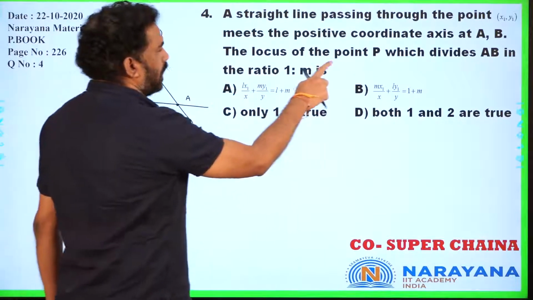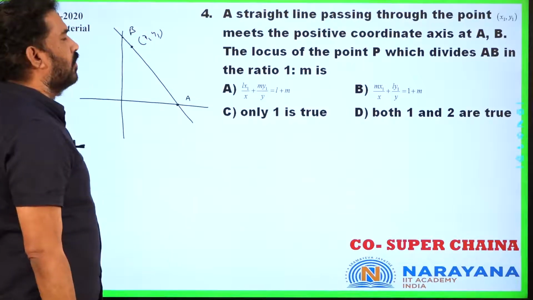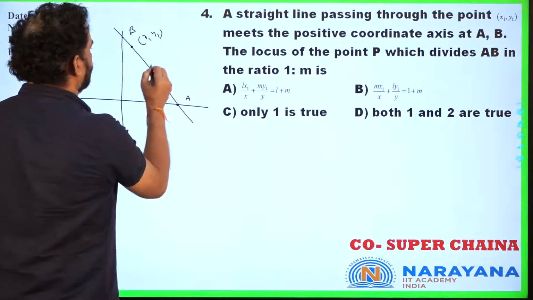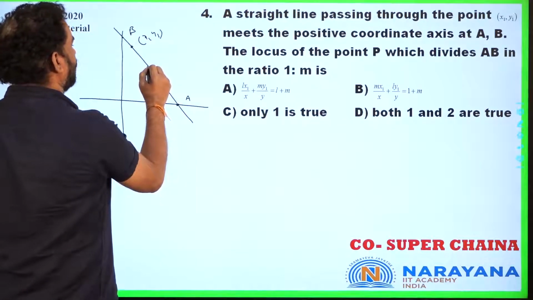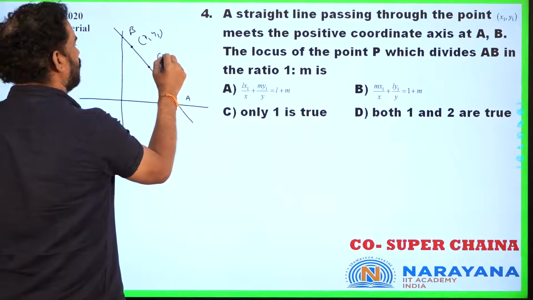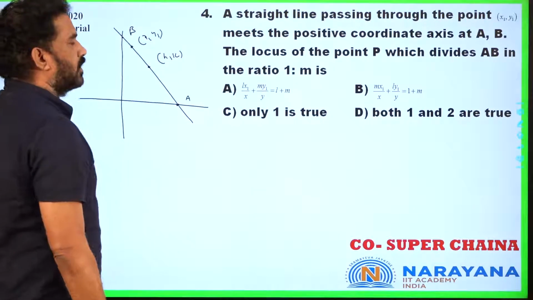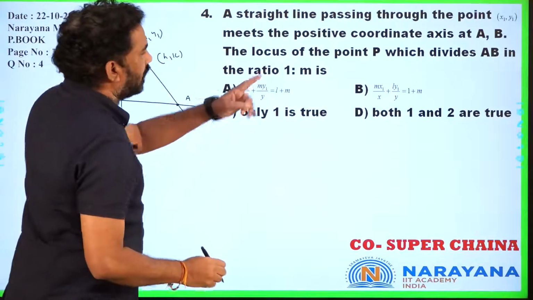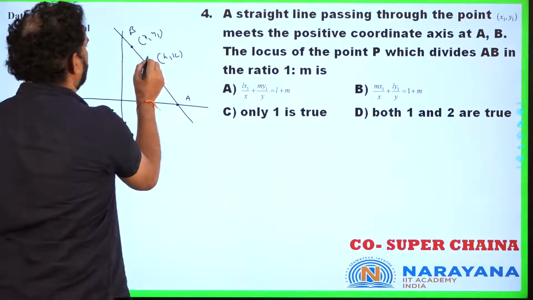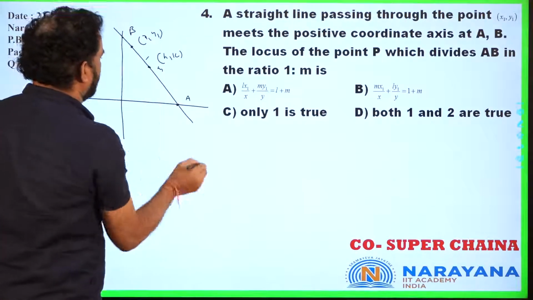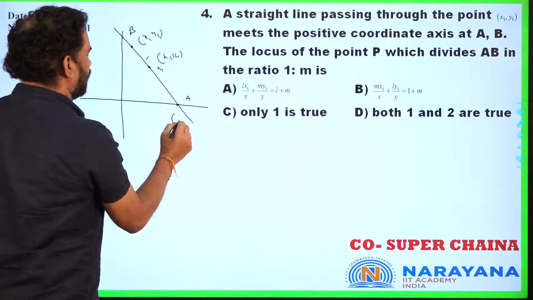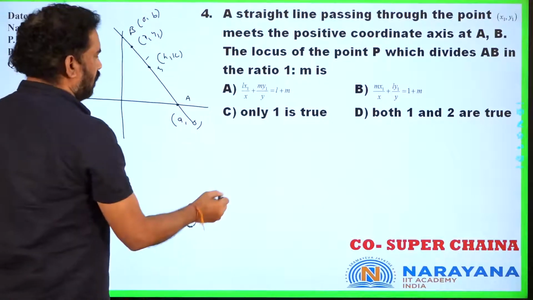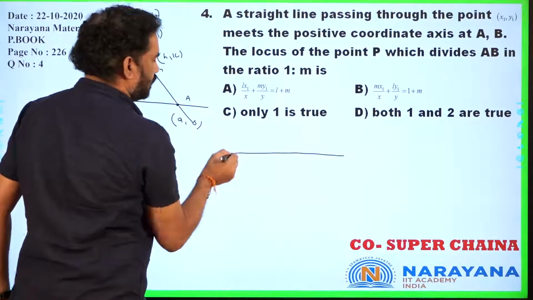Find the locus of the point which divides AB in the ratio 1:m. Let us take this variable locus point as (h, k), which divides AB in the ratio 1:m. Let this point be (a, 0) and this point be (0, b).